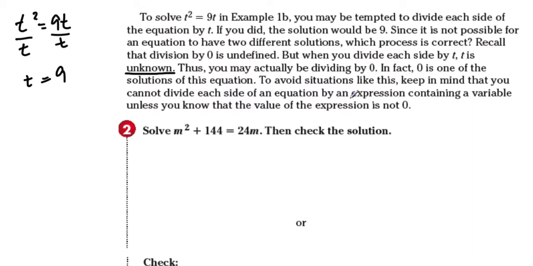To avoid situations like this, keep in mind that you cannot divide each side of an equation by an expression containing a variable unless you know that the value of the expression is not 0. So you cannot do this simply because you don't know the value of t. The only time you can do this is when you know that the value of t is not equal to 0. This explains why you need to go through the zero product property.